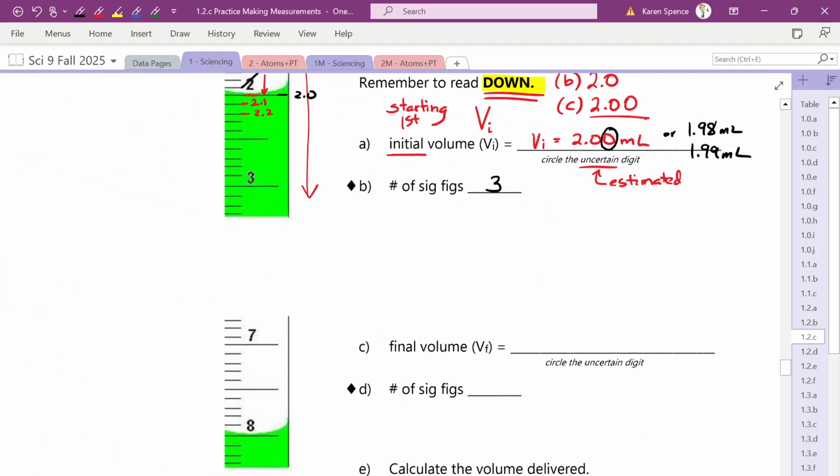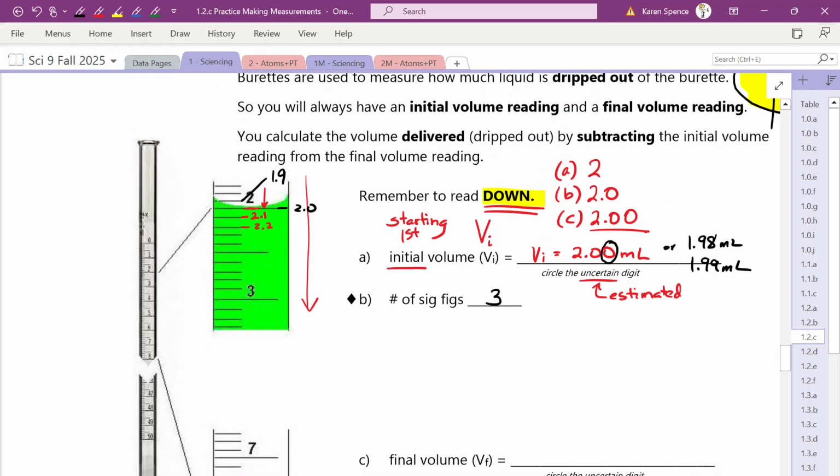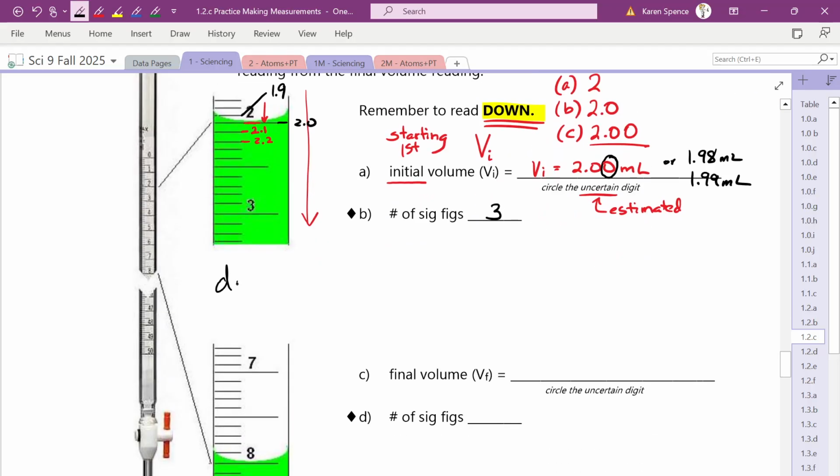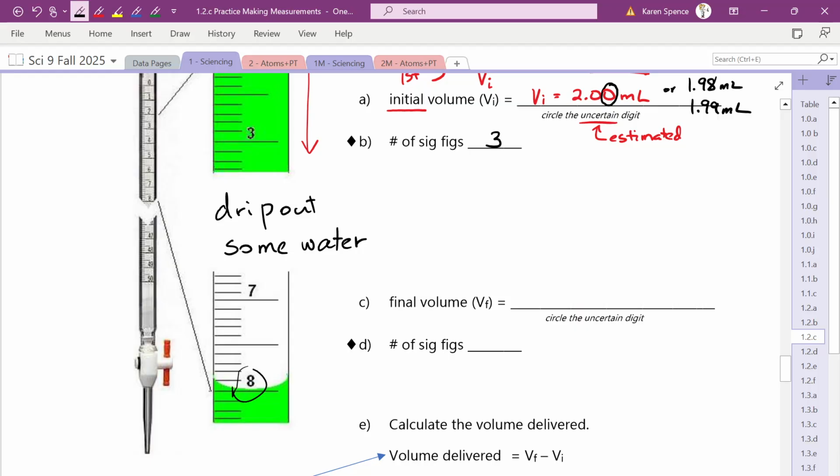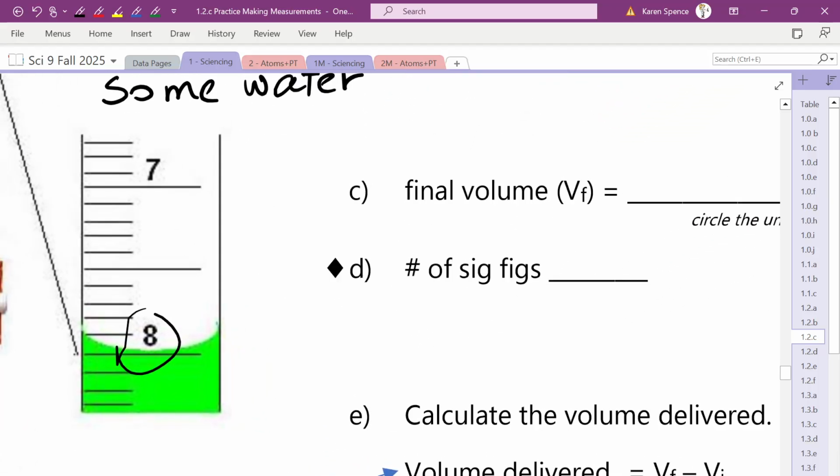And now we're going to drip some out. So we drip out some water. Weird colored water, but anyway. We drip out some water. We started at around 2 and we finish at around 8. And 8 is going to be our final volume.